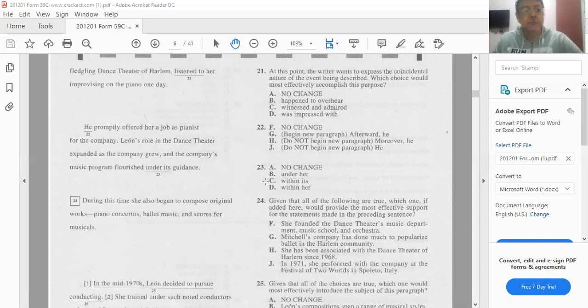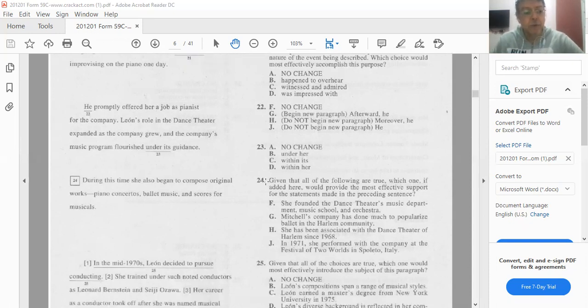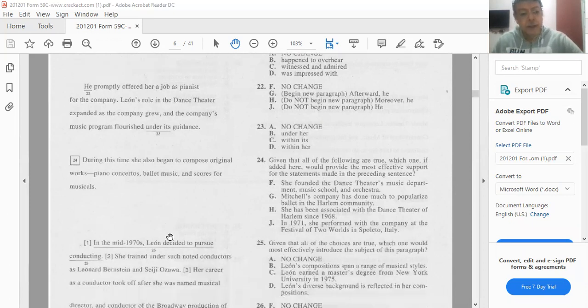All right, let's move now to 24. Here, given that all the following are true, which one, if added here, would provide the most effective support for the statements made in the preceding sentence?